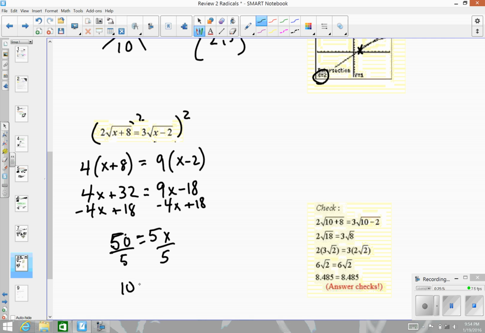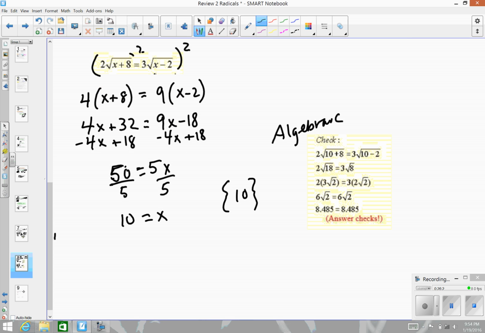And 10 equals x. Do a check on that. I'm showing you here an algebraic check. And it looks like the left side comes out equaling the right side, so we have a valid solution. Put that in set notation, and we're all set.